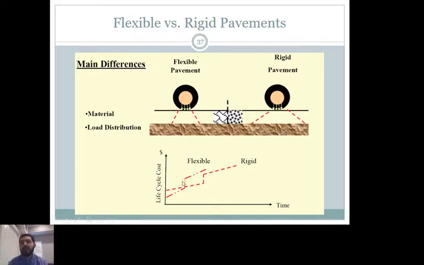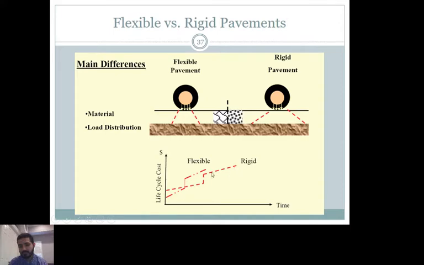But when it comes to it, life cycle cost is a key thing. Flexible pavement is considerably cheaper than rigid pavement as a startup cost. But we know flexible pavement will tend, at least historically speaking, to have more rehabilitation and maintenance over time, much more than rigid pavement.